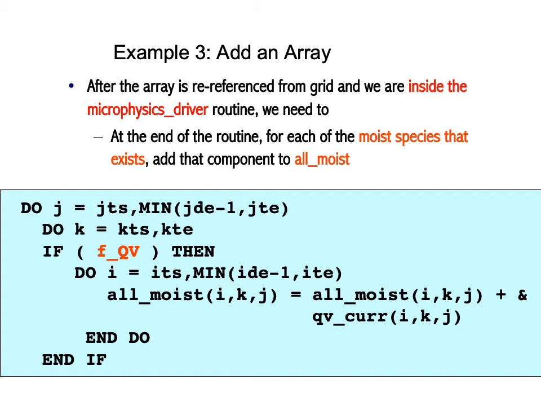This initialization of the all_moist variable with, in this case, vapor, and then we would have if tests for the other moist species, is sufficient to have this variable now be able to be output, and it would reflect the amount of total moist content in the grid cell.